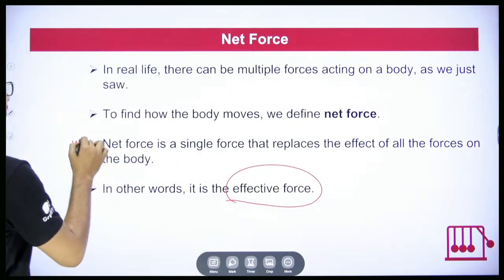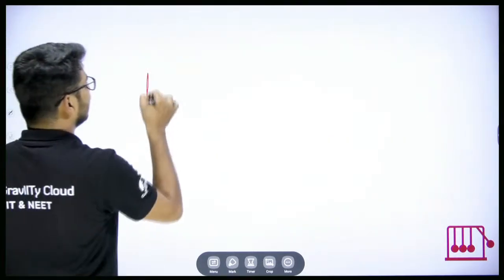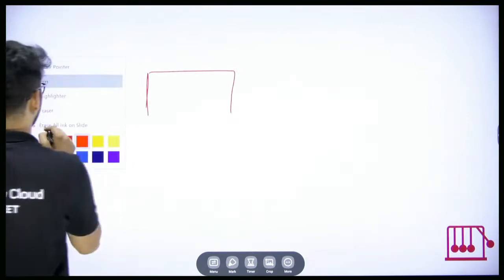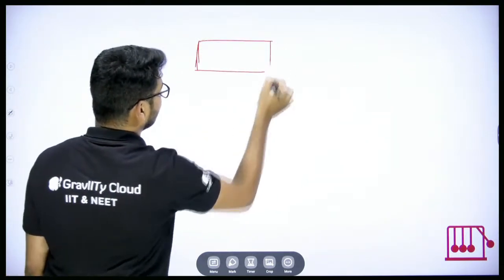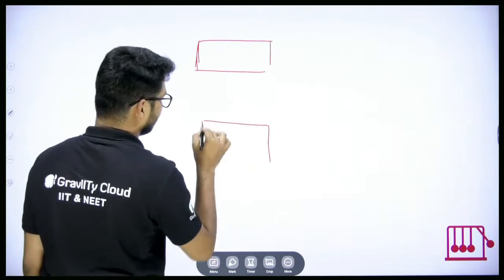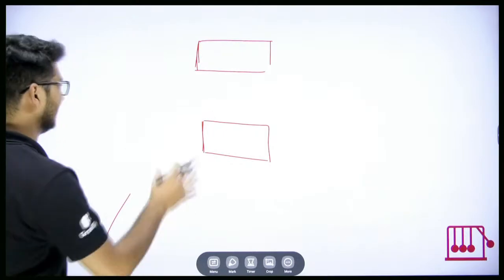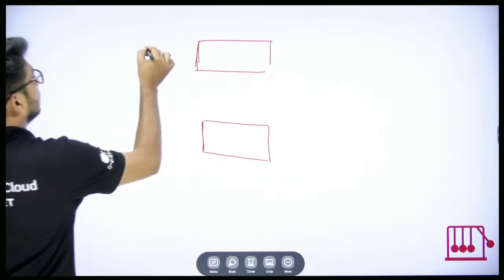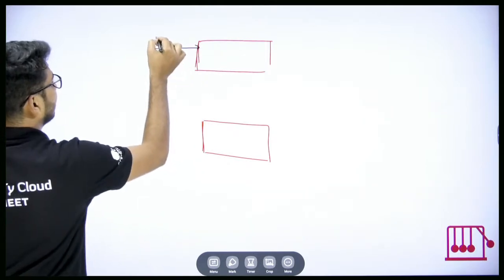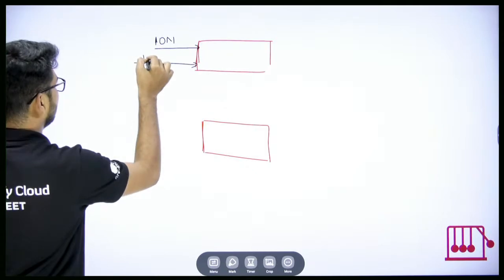Now what is the third point? I'll show it to you. Let's say I have a box, and let's say these two are the same boxes. The diagram might be different, but let's say those two are the same boxes. In the first case, I'll be applying a force of 10 Newton here and 15 Newton here.